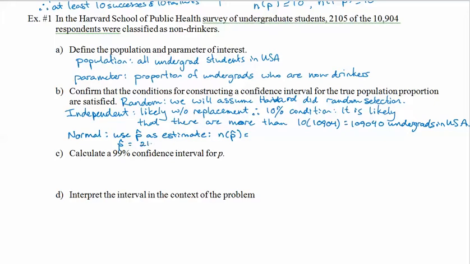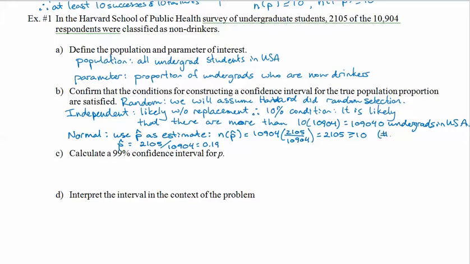So that would be 2,105 divided by 10,904, which is approximately 0.19. So we can calculate 10,904 as n. Now you could put in the 0.19, but I'd like you to just have a look at what happens here. 2,105 over 10,904 is simply 2,105, which of course is greater than 10.